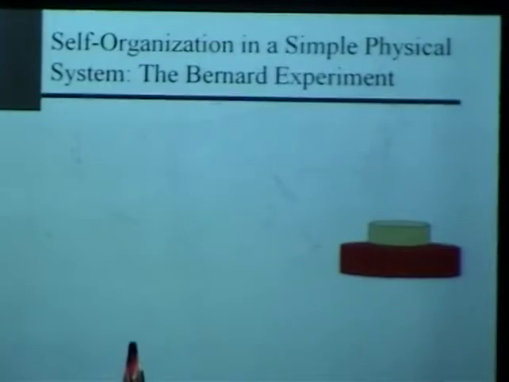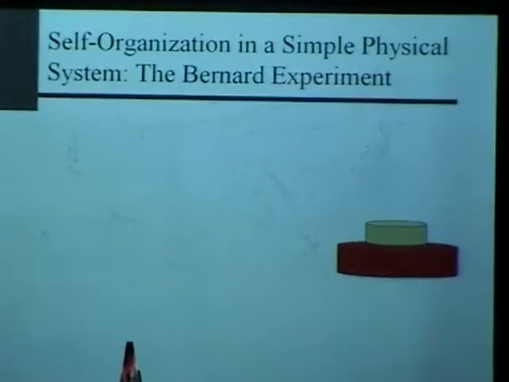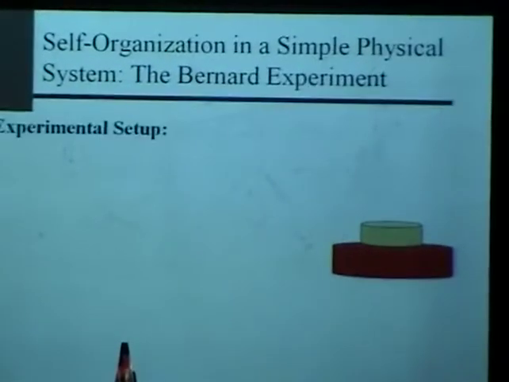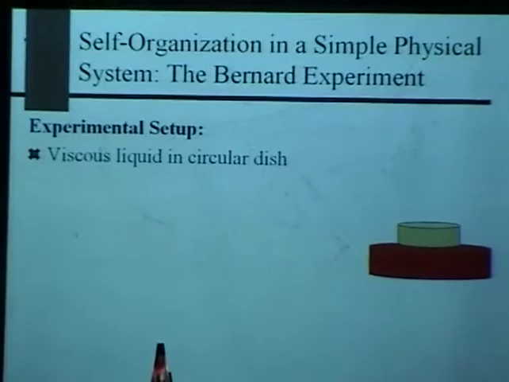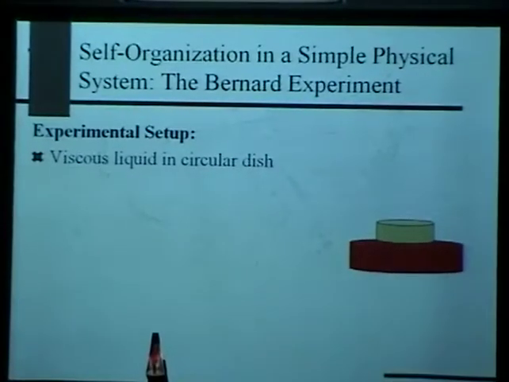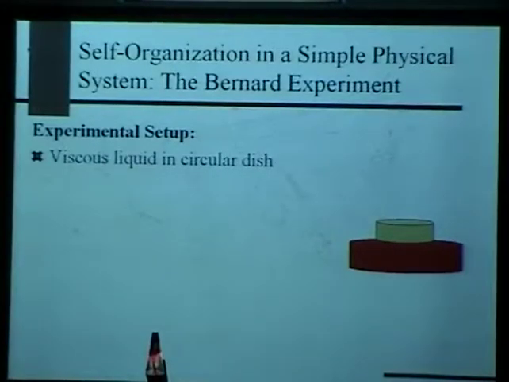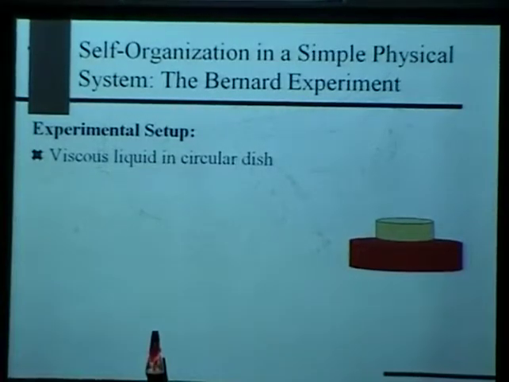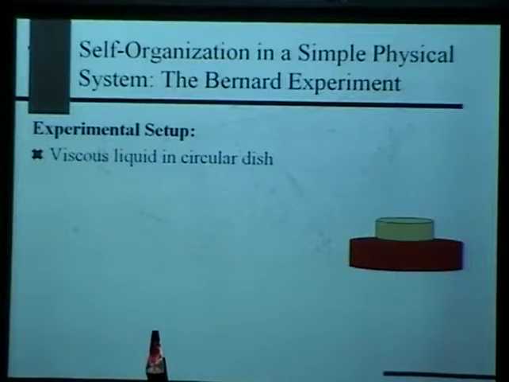Very simple experiment here that was done, showing this, the Bernard experiment. Really simple idea. Bernard just took this viscous liquid and stuck it on a burner. The burner was a pretty uniform heat source, and the top surface of the liquid was just exposed to the air above it, so it was at a lower temperature.